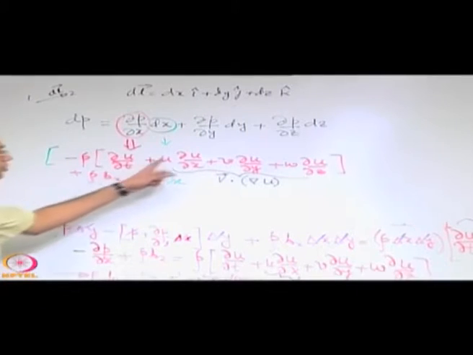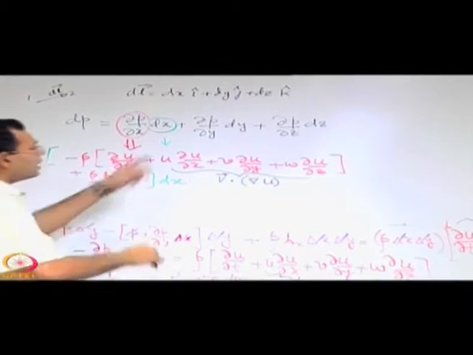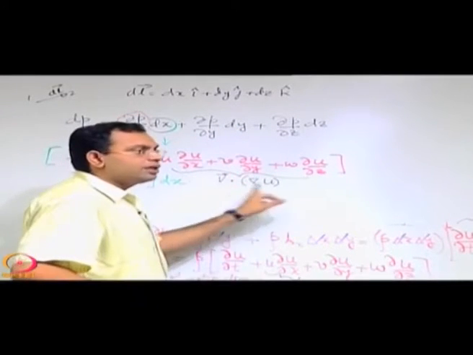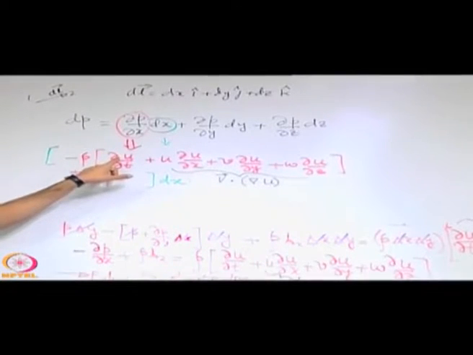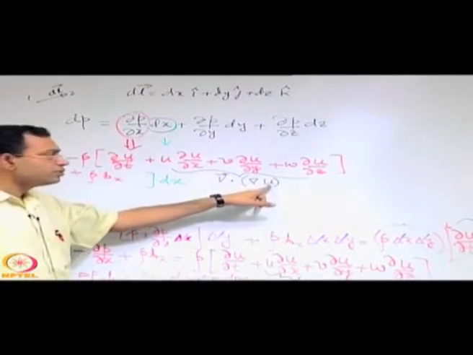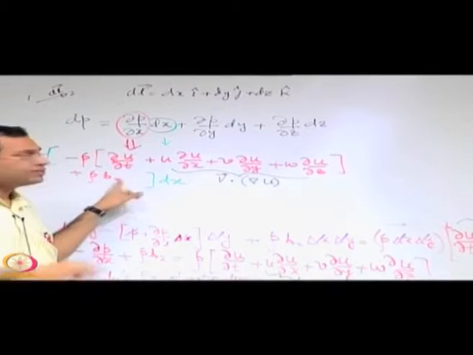Then you will get these terms. Keeping that in mind, the other terms will also give similar expressions: for the second term, in place of u it will be v, and in place of bx it will be by, and so on. It is very analogous, and we can write the general expression for dp as minus rho.